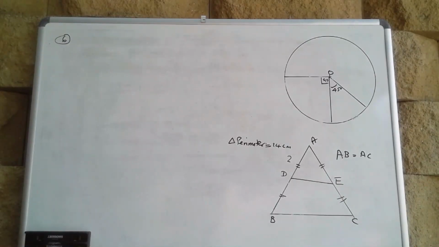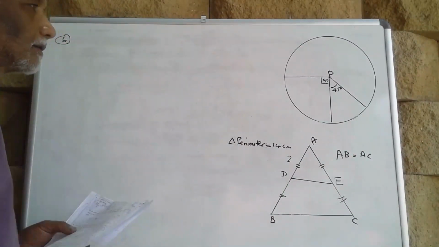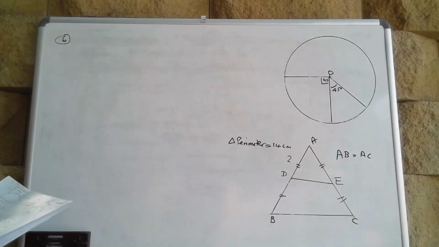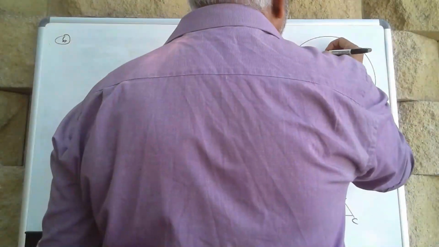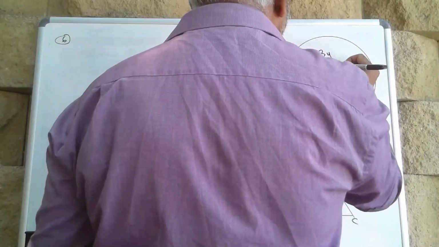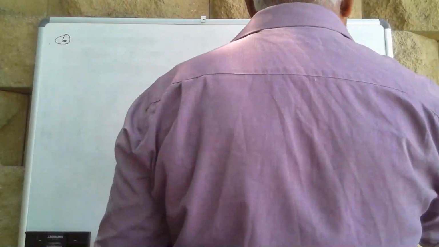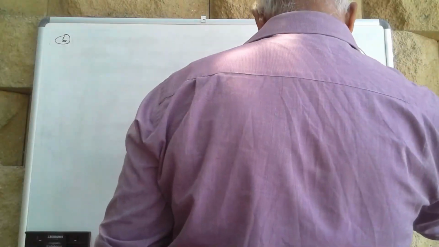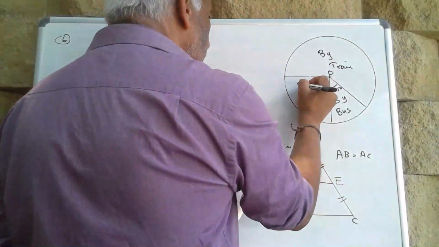Question number 6. There's a circle, and this actually represents a pie chart. If you look at that, this one is by train, and this one is by bus, and this one is by car.